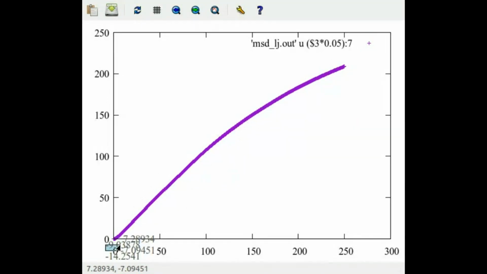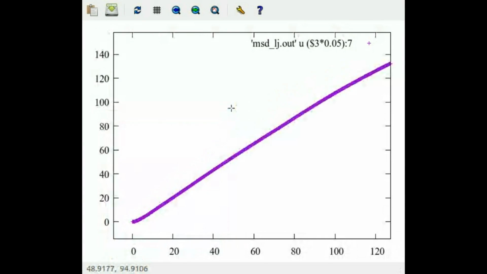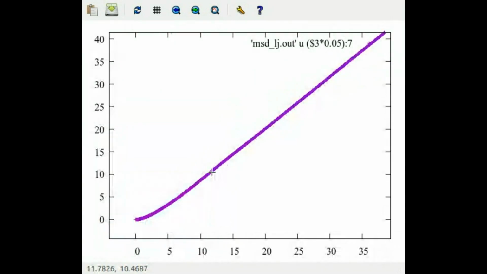More interesting, though, is if we zoom in to just this part, there's a couple of interesting things. The first one is you'll notice that this starts off as being quadratic. That's normal. Going back to the particle nearly cages that we were talking about before, at the start all of the particles will have been restricted in their movement by their neighbors.